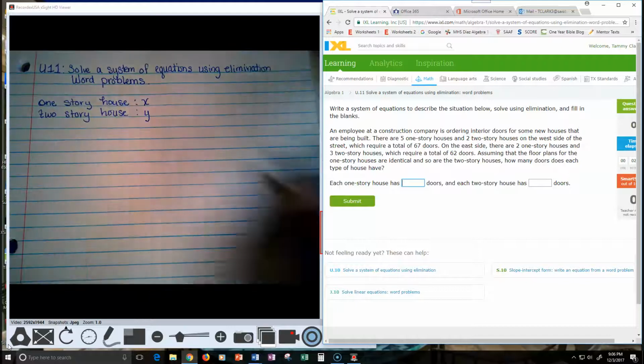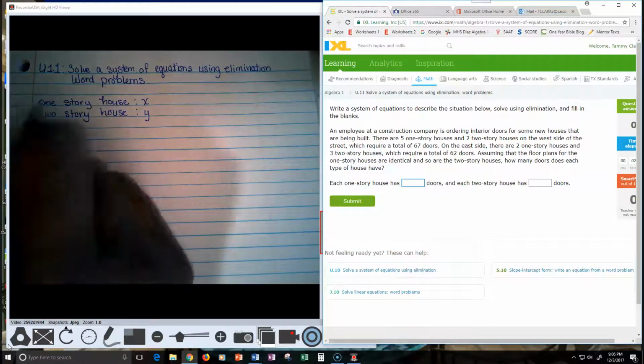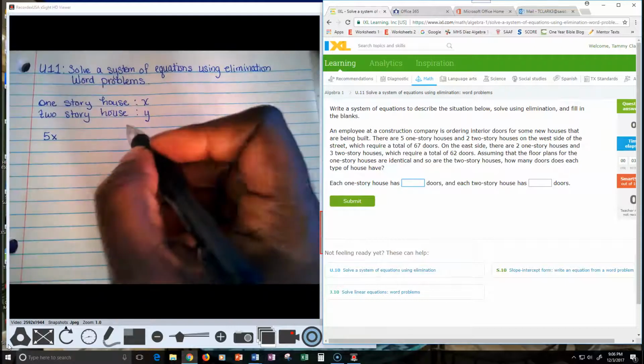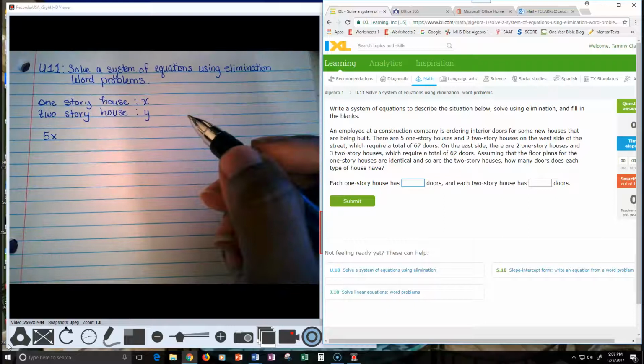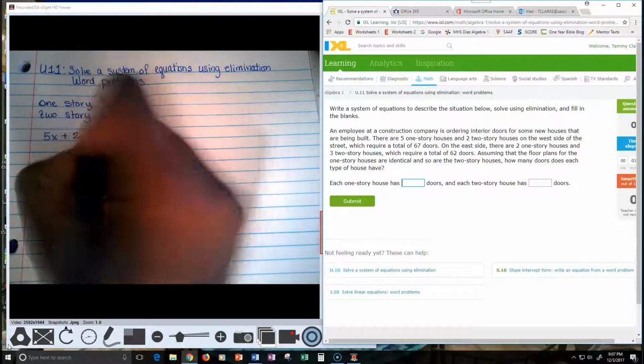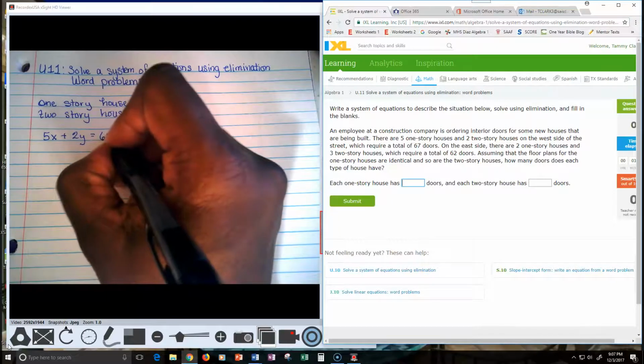Now we're going to set up our equation. There are 5 one-story houses, so I'm going to say 5x. There are 2 two-story houses, and altogether on the west side of the street they have 67 doors.